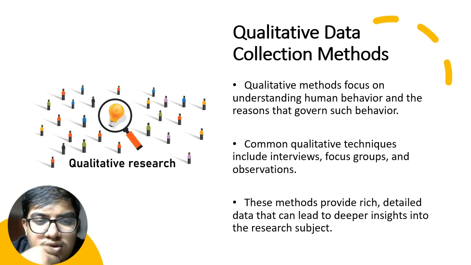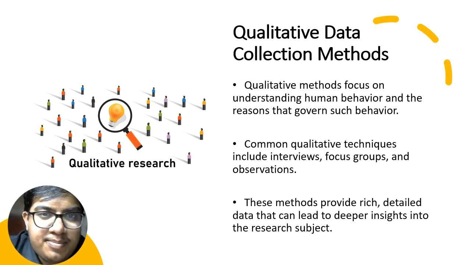The common qualitative techniques are interviews, focus groups, and observations. You go outside and observe how a person goes through his life, or you perform interviews to get different understandings from different people.